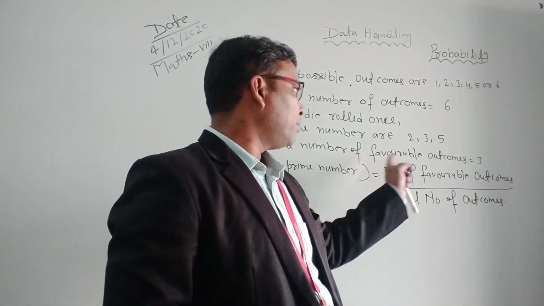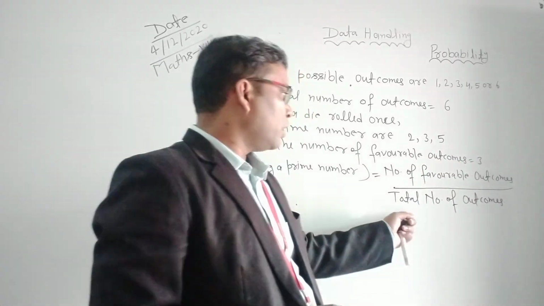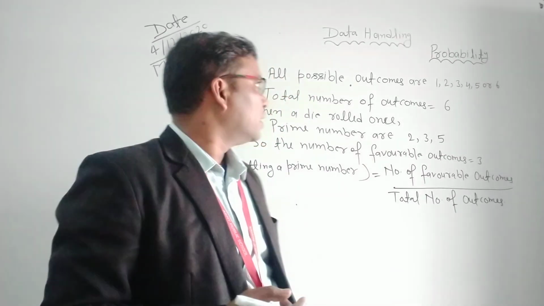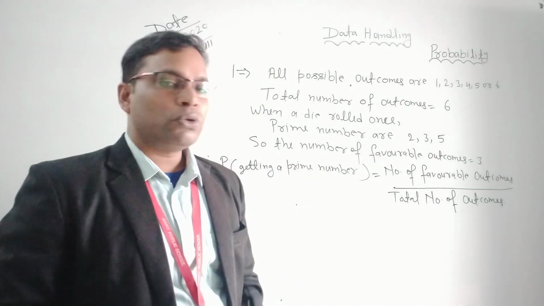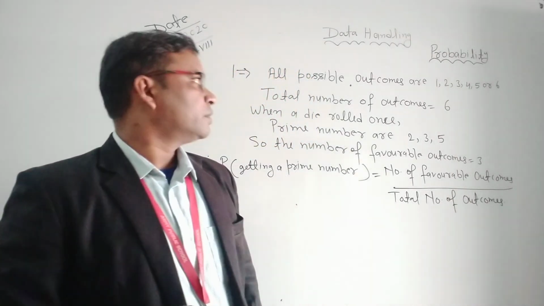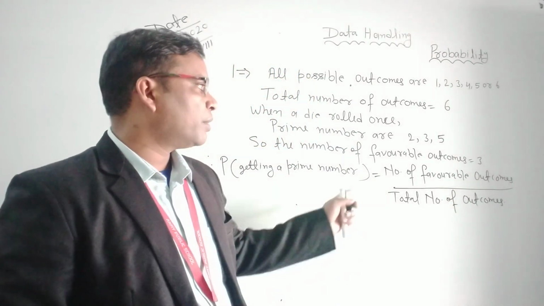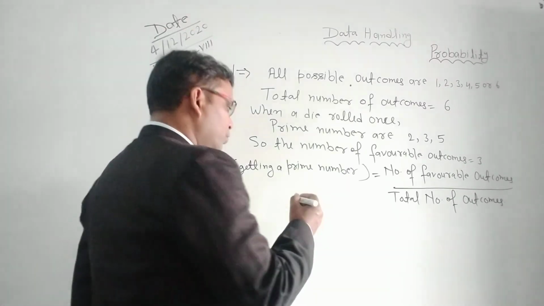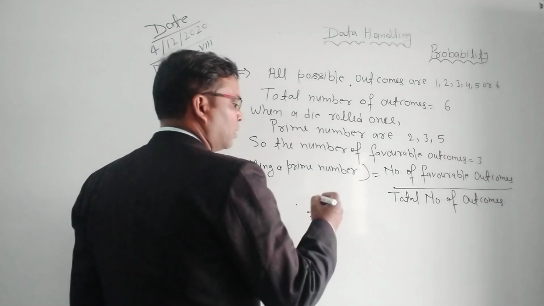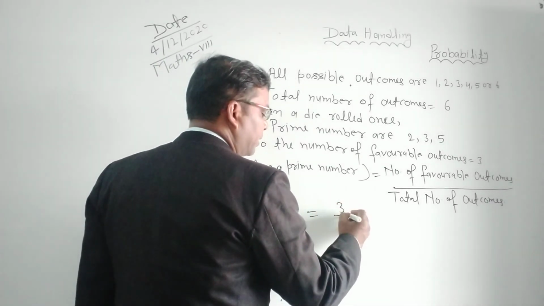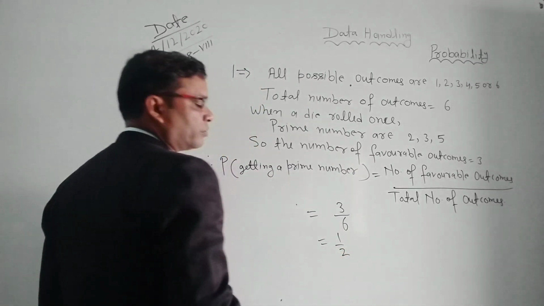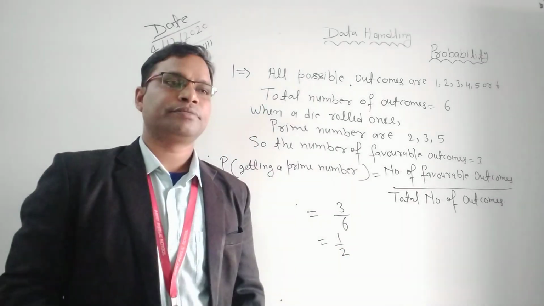The total number of outcomes is 6, because when you throw a dice, all possible outcomes are 1, 2, 3, 4, 5 and 6. So the probability of getting a prime number is 3 by 6. If you cancel, you get 1 by 2.